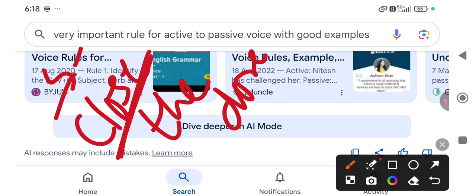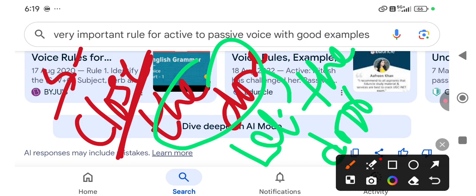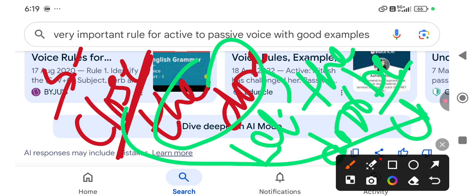So it will start with let, then the door, then be word will be used, be, and then third form of the verb, close.